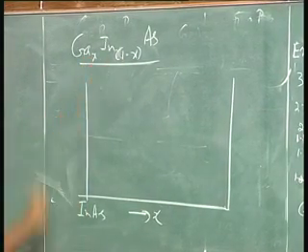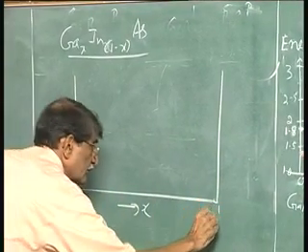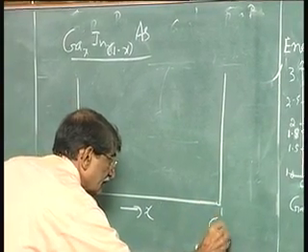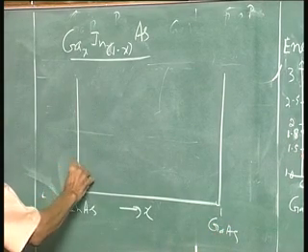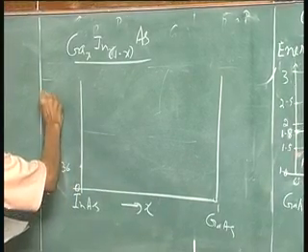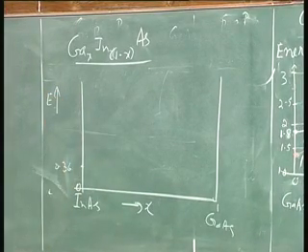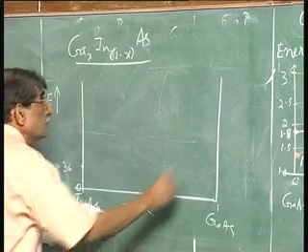X equal to 0 gives indium arsenide, X equal to 1 gives you gallium arsenide. Here you have 0.36 direct band gap, and gallium arsenide has 1.43.